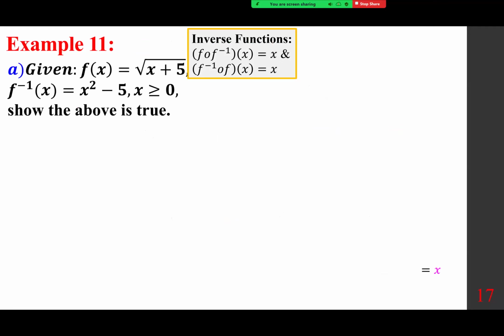All right, let's look at this example. Given f of x equals square root of x plus 5, f inverse is x squared minus 5 when x is larger than or equal to 0, show that the above is true.